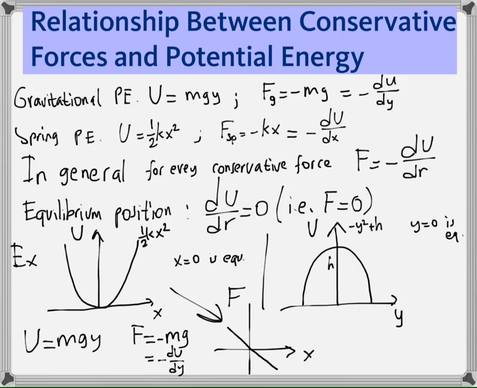This is also the case on the right hand side. You see, we have another potential. Let's say this potential is -y squared plus some constant h. This defines the potential of an object over the top of a hill, where the hill has the shape of a parabola. Okay?